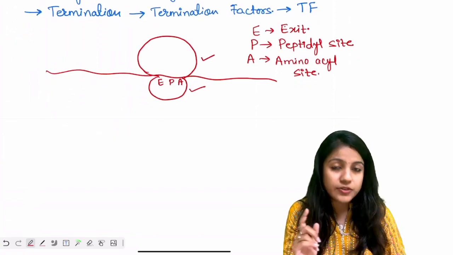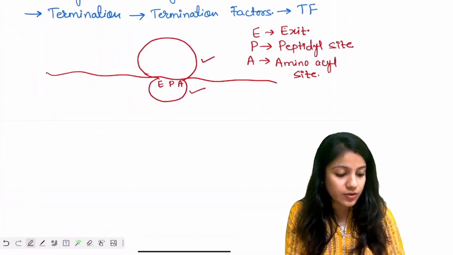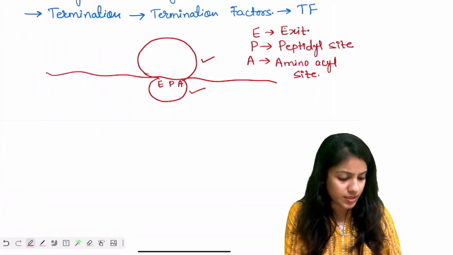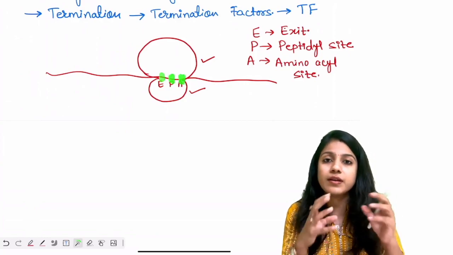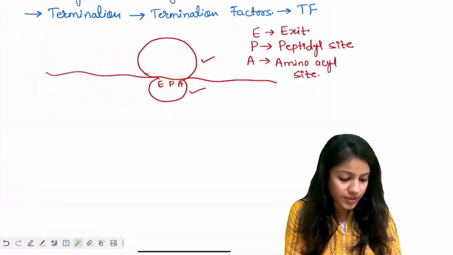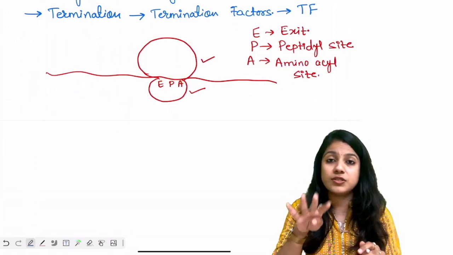So try to understand this process. Say, for example, this mRNA has start sequences here, where the ribosome got attached. So the first tRNA will always come and bind, since all three chairs are vacant.